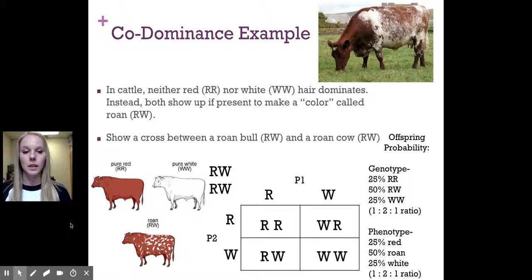Here we get a mixed probability. Our genotypes are 25% red, big R, big R, 50% roan, which is big R, big W, and 25% white, big W, big W. This follows the ratio of 1 to 2 to 1.